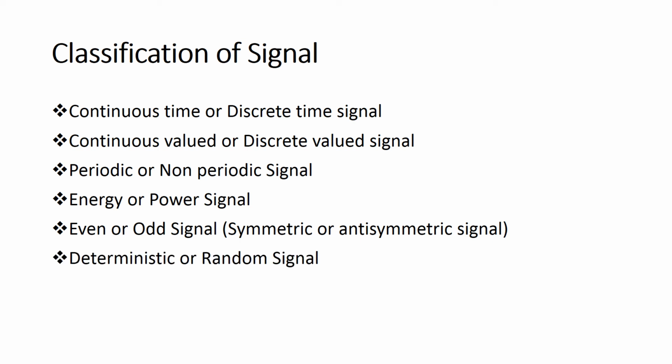Then deterministic signal or random signal, sometimes also called non-deterministic signal, and multi-channel or multi-dimensional signal. This is about the conceptual things, and the classes are based on the properties of signals, and these properties are based on dependent or independent variables.